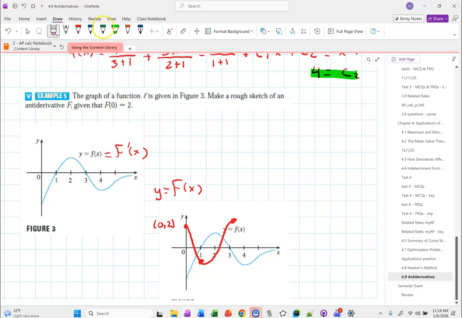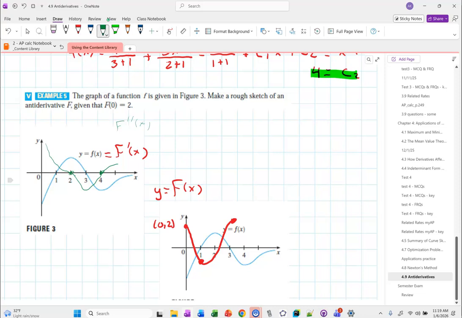So if I think about this, this is going to be a change in concavity, right? As is this one. So if I sketch in my second derivative, it's going to look like that or whatever. Because we're increasing here, so we're positive second derivative.